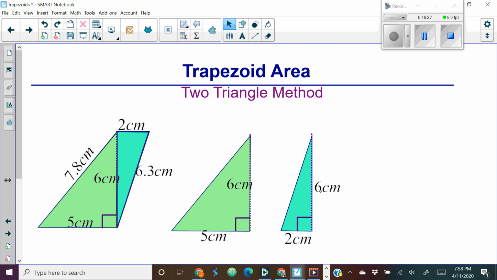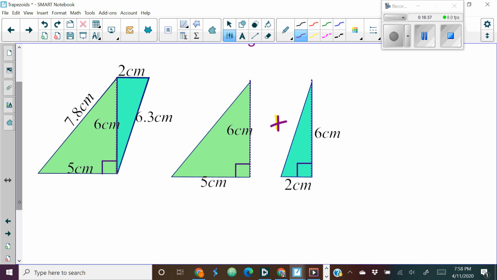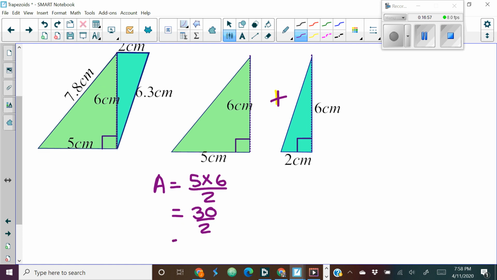So to figure out the area of the trapezoid, I just need to figure out the area of each triangle and add them together. So the area of the green triangle is 5 times 6 divided by 2, which is 30 divided by 2, and that is 15 centimeters squared.